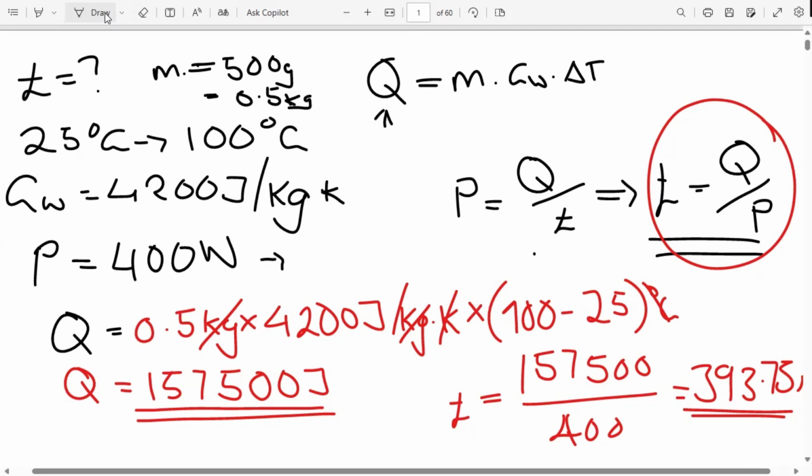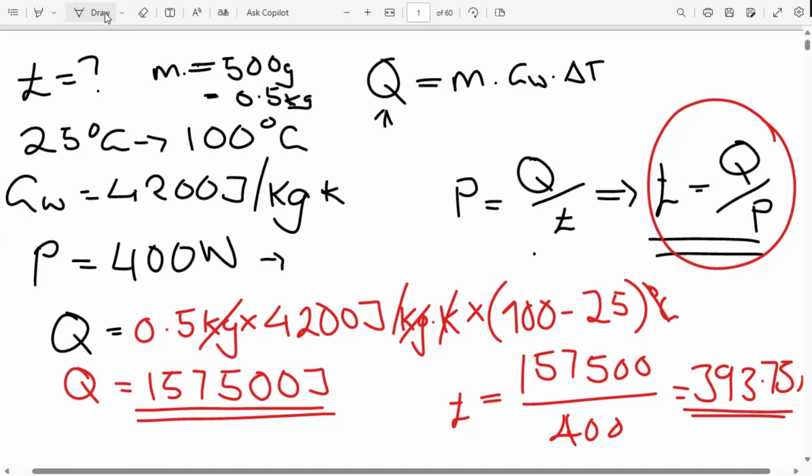And also you have to assume that the specific capacity of water is going to remain constant over the rise in temperature. Over the period where there is a rise in temperature, your specific capacity should remain constant. You should also assume that there is no phase change.